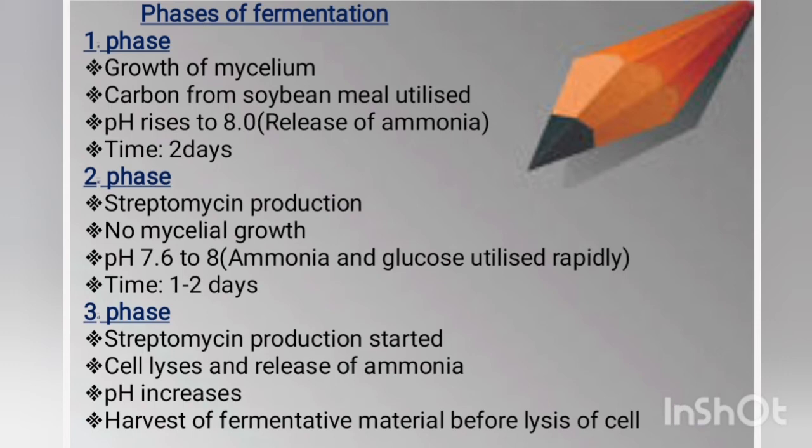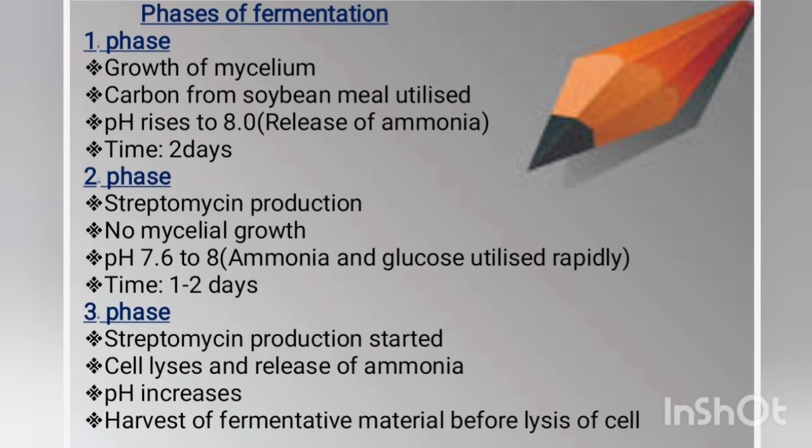The release of ammonia increases the pH of the media from 7.3 to 7.5 up to 8. So the pH rises due to the production of ammonia by the activity of Streptomyces. In this phase, the yield of streptomycin is low, and this phase requires about 2 days.